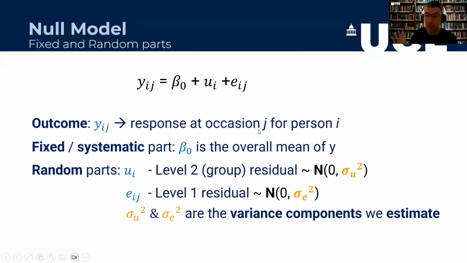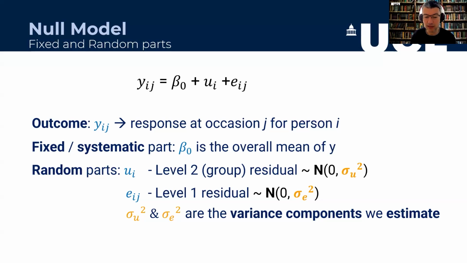So this is what we call the null model. So this is a model where so far we haven't even considered any potential covariate or any potential variable of interest, or any other relationship.